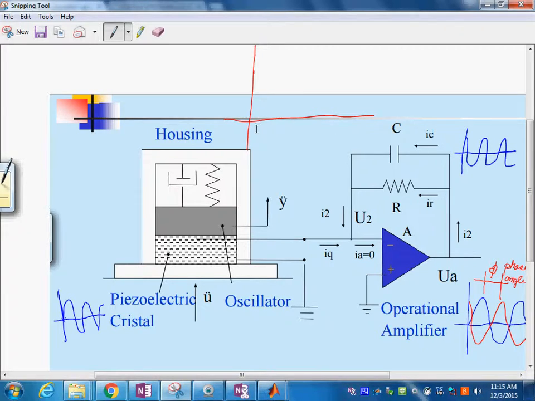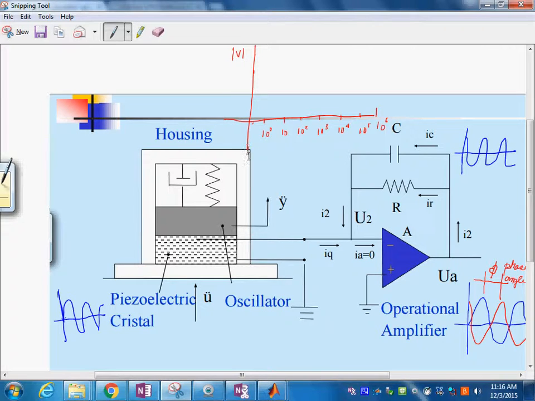In here, on this plot, let's say this is 10 to the 0 hertz, then 10, 10 squared, 10 to the third, 10 to the fourth, 10 to the fifth, and 10 to the sixth. And in here, I am going to plot the value of the voltage, the magnitude of it.